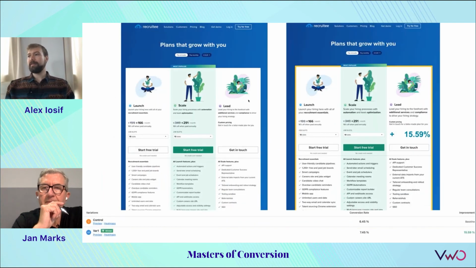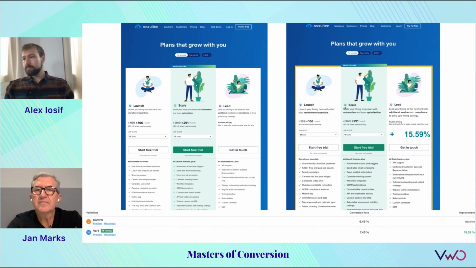Another one I absolutely loved. This is such a simple one, actually. This was just a pricing page without a contour, and a pricing page with this yellow contour and slightly larger text.